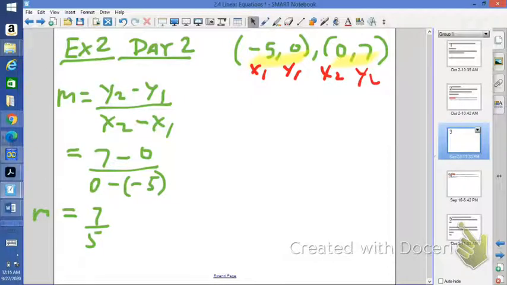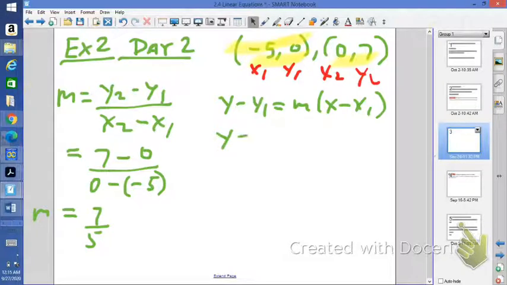I'm going to pick now a point. I can pick either one, but I'm going to pick this first one here and now plug into point-slope form. So y minus y sub 1 equals m times x minus x sub 1. Remember, we're plugging in for the y sub 1 and the x sub 1. So my y sub 1 is 0. My slope is 7/5.